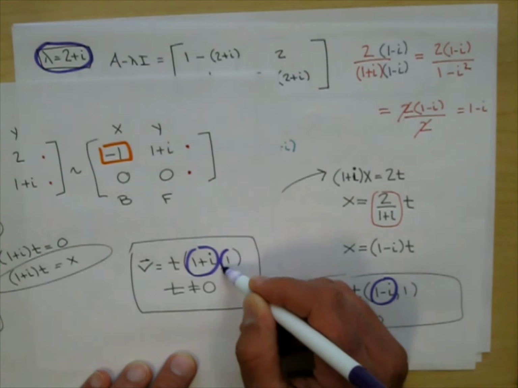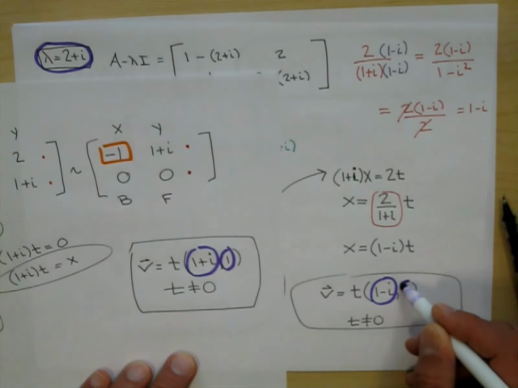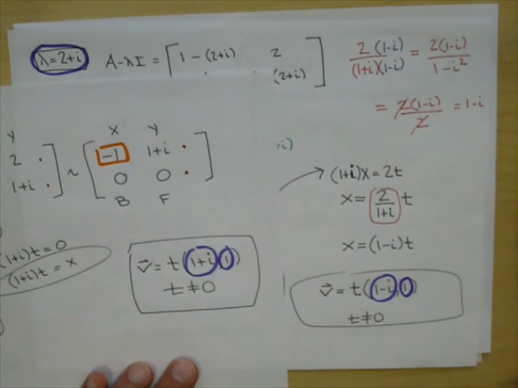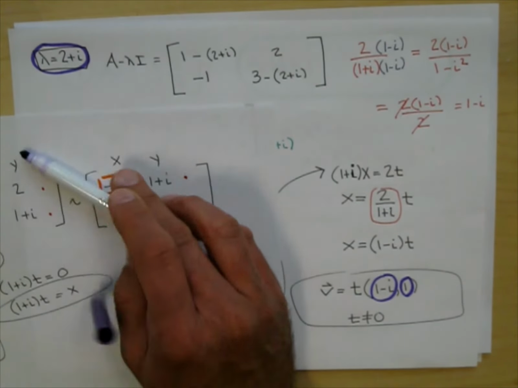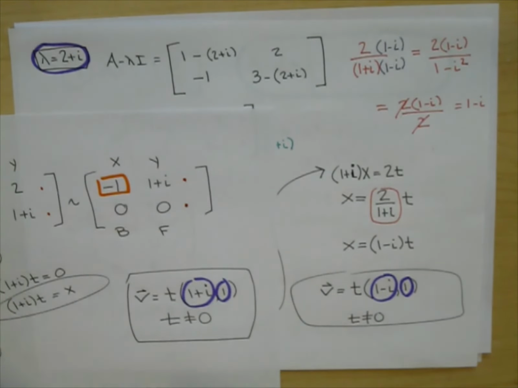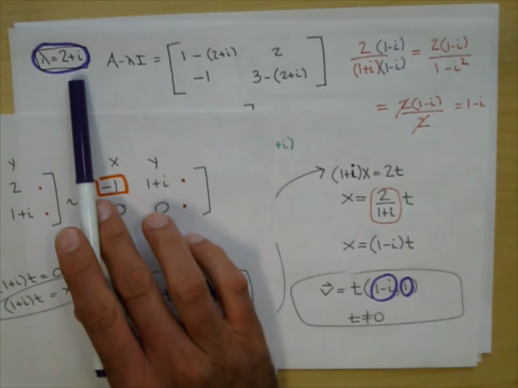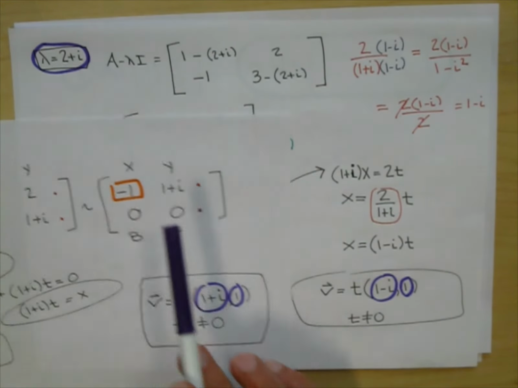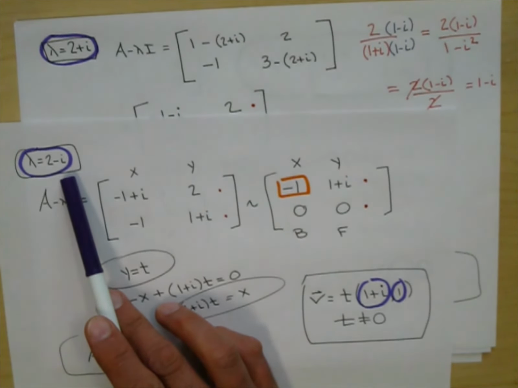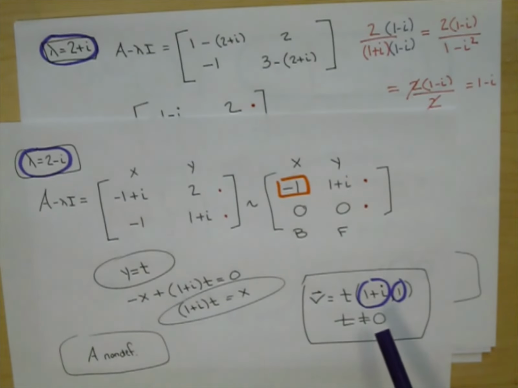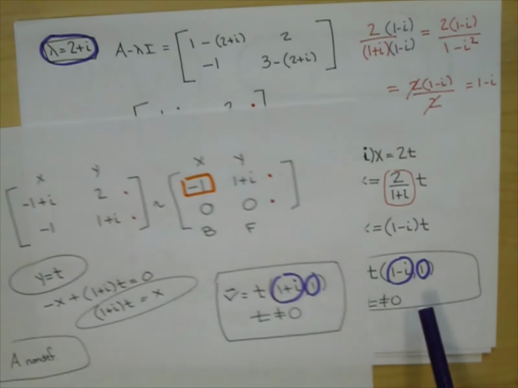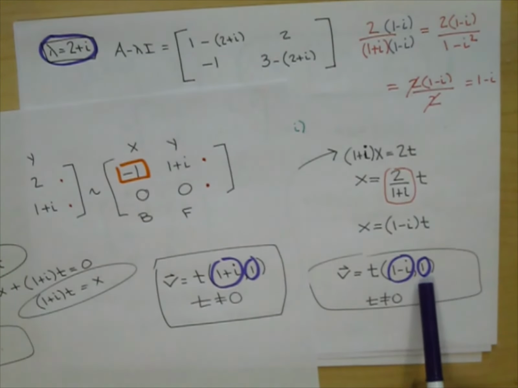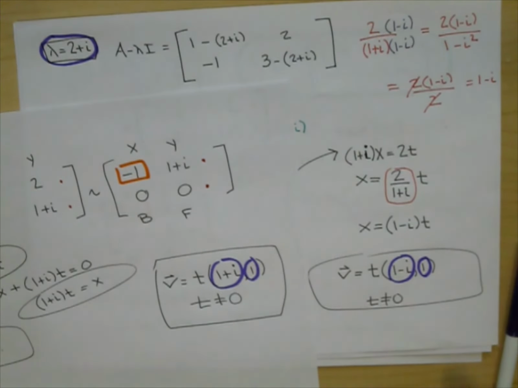So those are complex conjugates as well. What am I trying to get at? When you do this problem one time with the eigenvalue of 2 plus i, there's a theorem that says for 2 minus i, its eigenvectors will be gotten by taking the complex conjugate of each component.